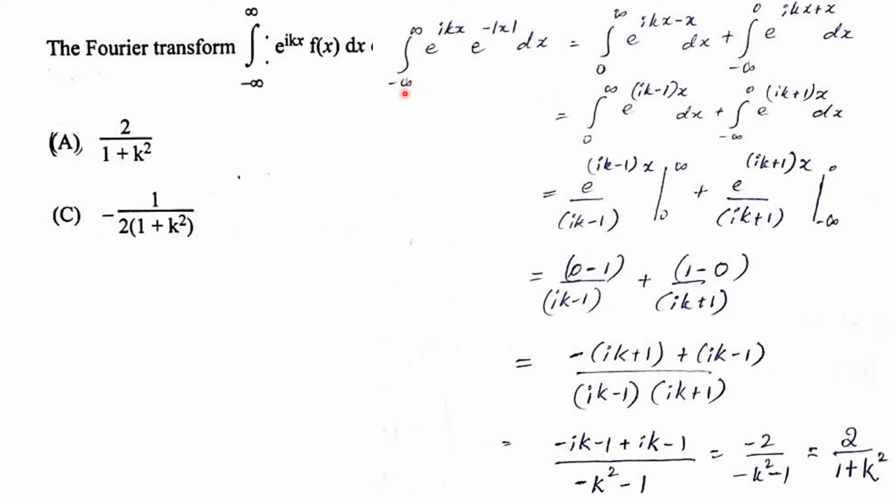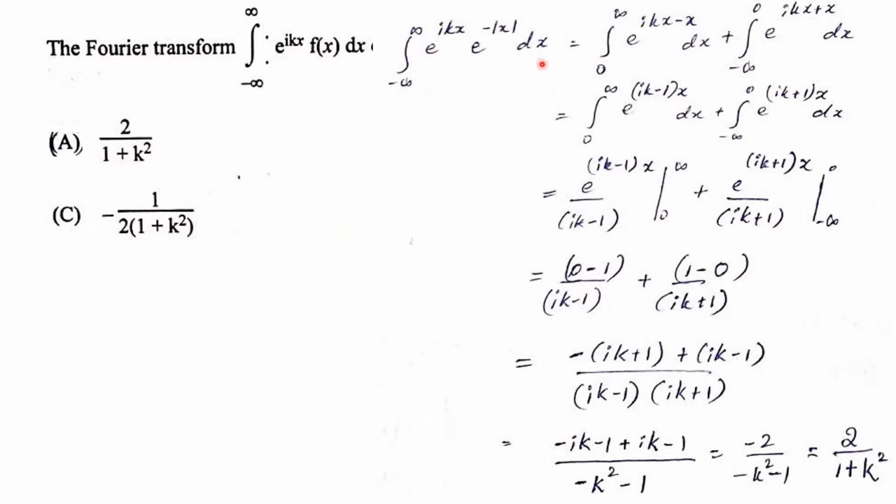Here limit is minus infinity to infinity, but mod x will be positive for positive limits, that is for 0 to infinity, and value of mod x will be negative for minus infinity to 0.